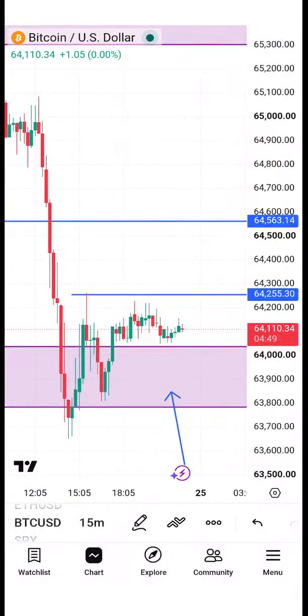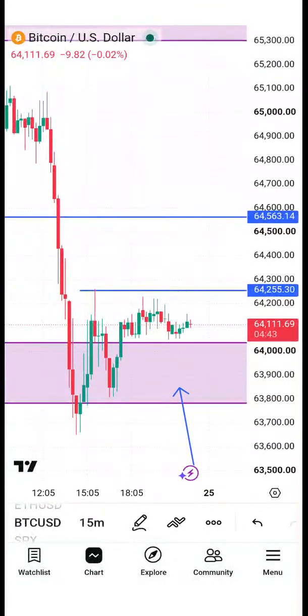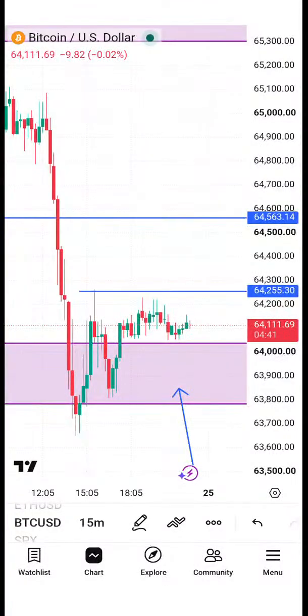You can see the chart. I'm looking for a buy on Bitcoin, but remember, in the market, we don't predict, we just react to whatever is happening. We are not here to predict that it will go up or go down. We're here to react to what the market is showing us. We follow what the market is telling us.